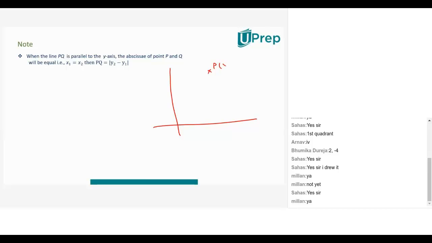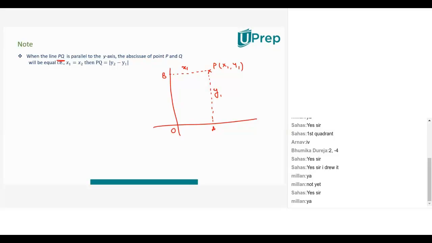This is x1 comma y1. The distance from this point to the x-axis, say D, and this is A. Then this height is y1 and this length is x1.